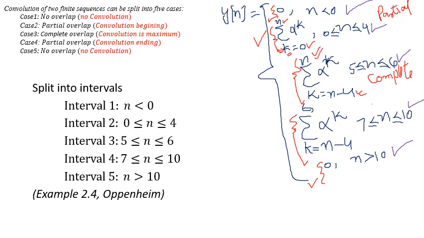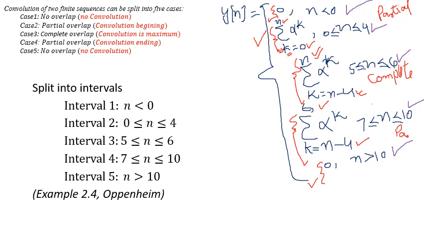As far as the fourth interval is concerned, we have the lower limit as variable and the upper limit fixed.